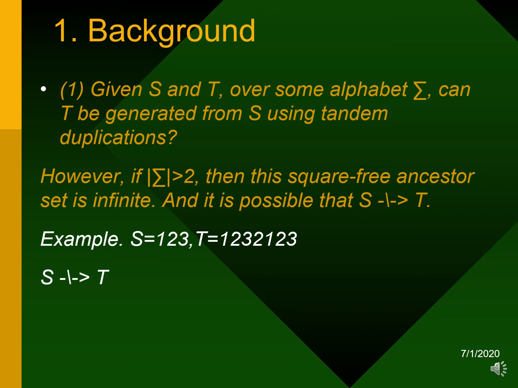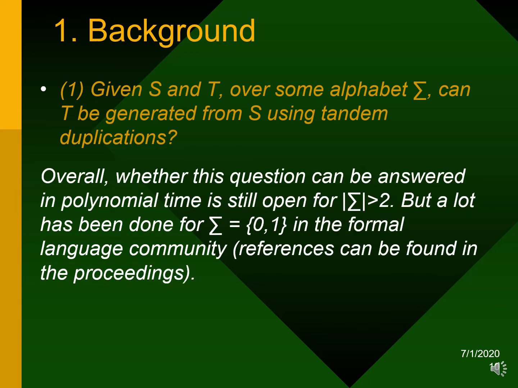I will leave this as a quick question for you to think about why S cannot generate T using tandem duplication. Overall, whether this decision question can be answered in polynomial time for sigma of size at least 3 is still open. On the other hand, for sigma equal to 2, or 0, 1, a lot has been done.